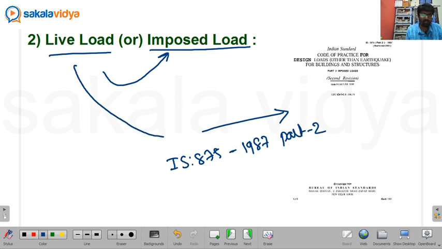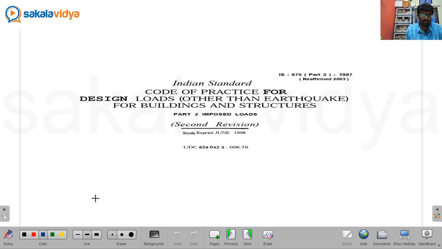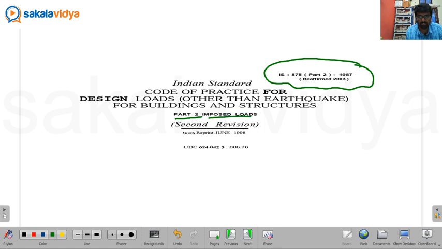So for live load you have to refer to the code book IS 875 1987 part 2. This is the code book that we have to refer for live load. Indian Standard Code of Practice for Design Loads other than earthquake for buildings and structures, part 2 for imposed loads.